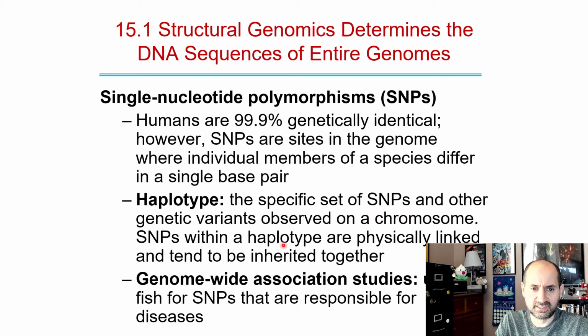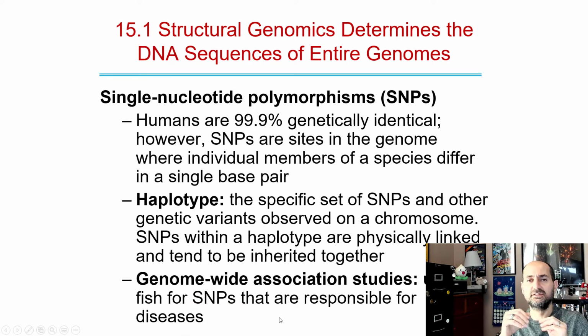SNPs within a haplotype are physically linked, obviously, because they're on the same chromosome, so they tend to be inherited together. So when you do these genome-wide association studies, you can use SNPs, and you could figure out which SNPs are responsible for diseases, for instance.